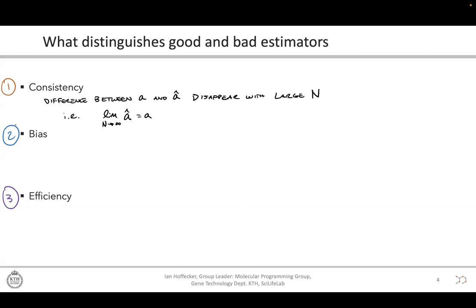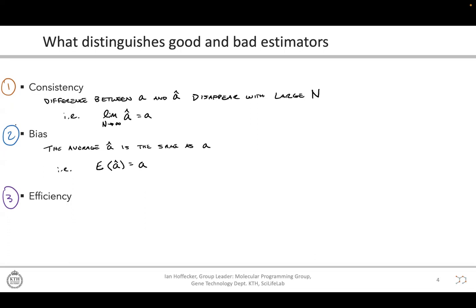So this means that the difference between the true value and the estimator should average out. It should disappear when we go to large n, when we take many measurements. Or another way of saying this is that the limit of A hat as n goes to infinity should be A, the population A.